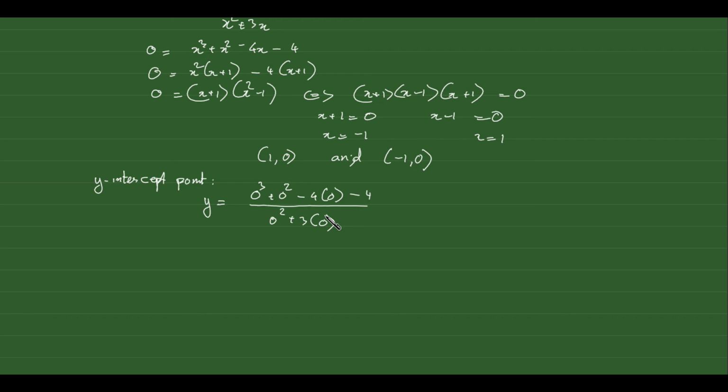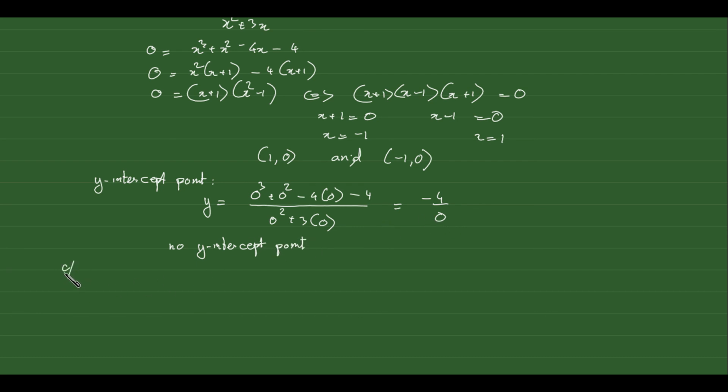You see that over here we have -4 over 0, and we cannot solve for it. So in this case we don't have a y-intercept point. It's undefined, so no y-intercept point.